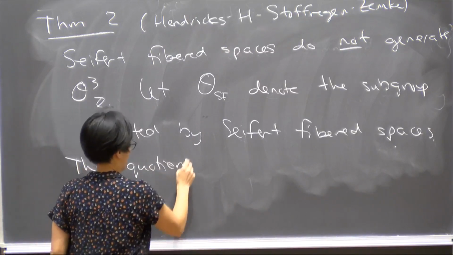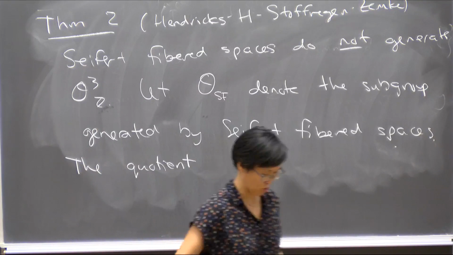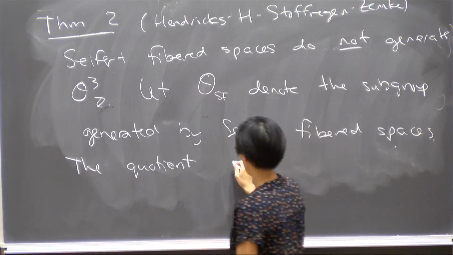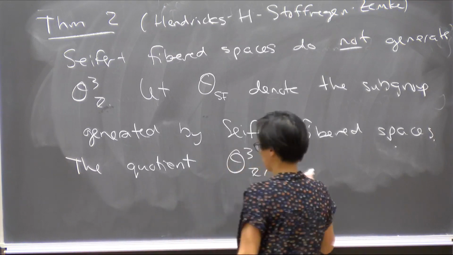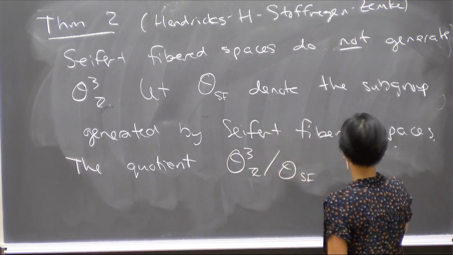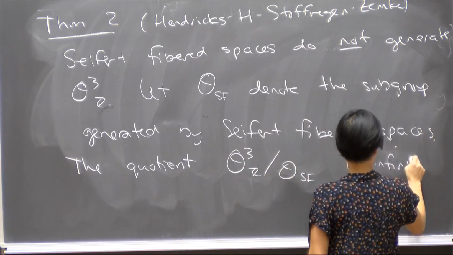And so if we want to prove that Seifert fibered spaces really don't generate the homology cobordism group, what we prove is that this quotient is really non-trivial. This quotient is infinitely generated.